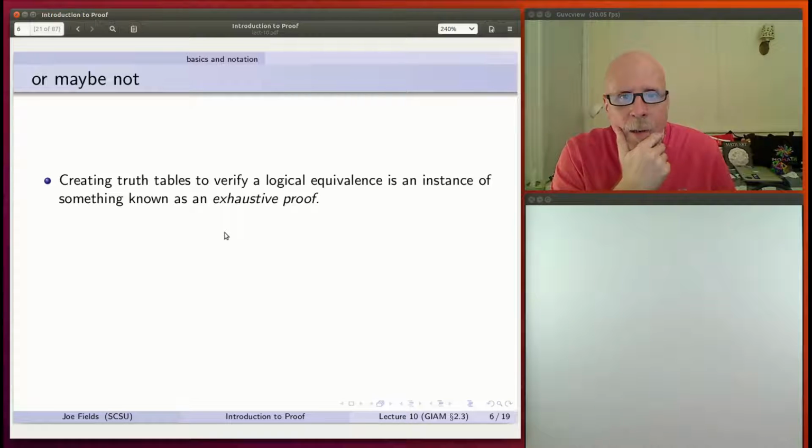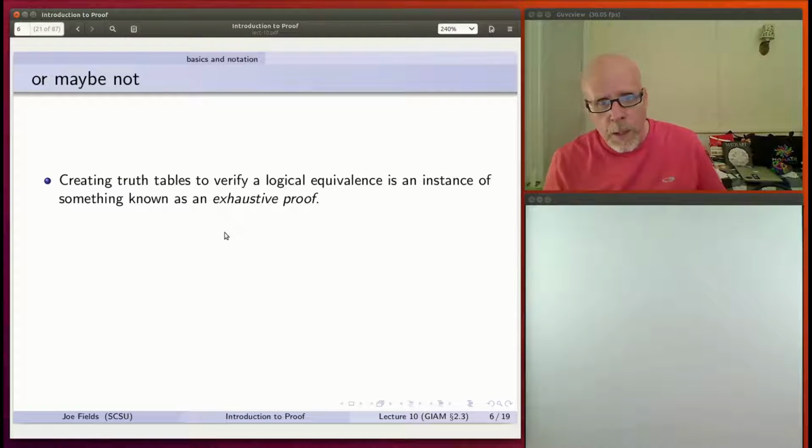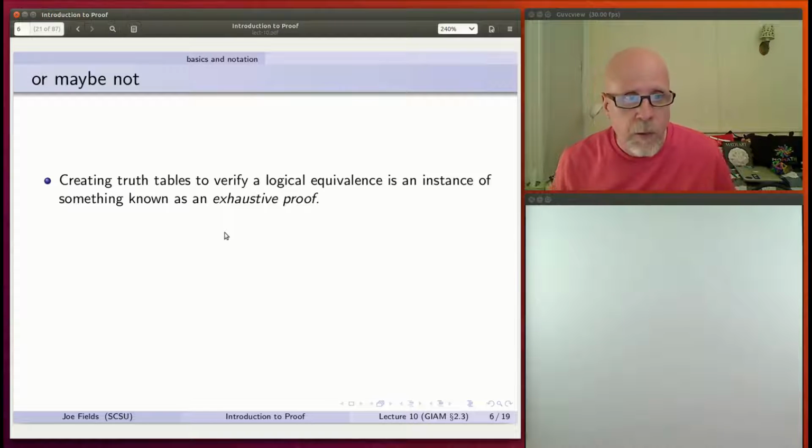So while that is a pretty good and straightforward way to show that two things are equivalent, and it's valid, right? It's actually a technique of proof that's called an exhaustive proof, or a proof by exhaustion. You literally just check the thing that you're trying to say is the case in every possibility.